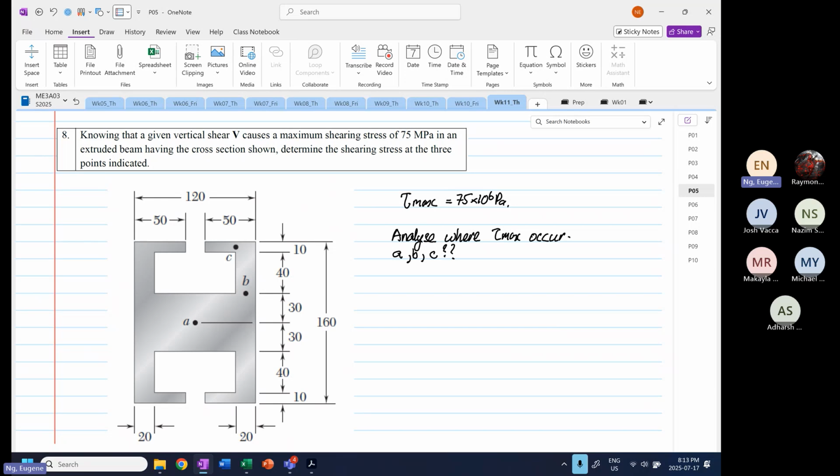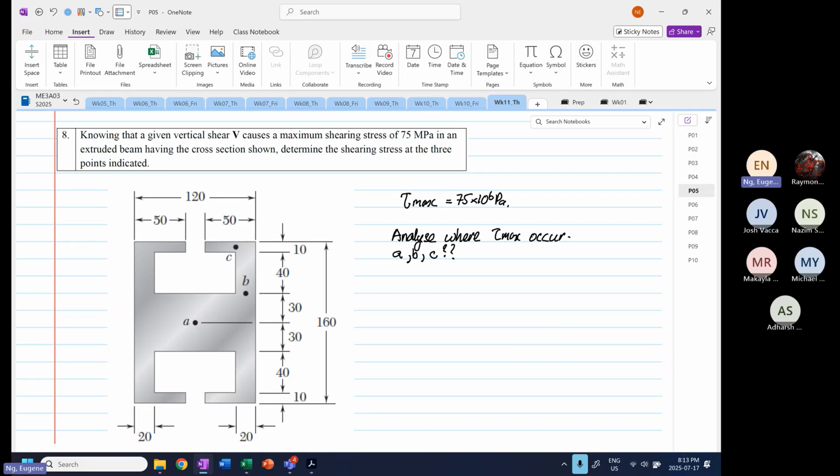You can see it's asking us point A, B, or C. And the thing now is this: why point A, why point B, and why point C, and not elsewhere?